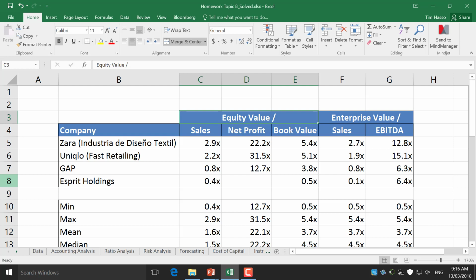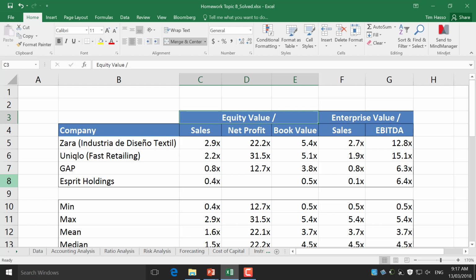If we focus on the first part, we're presented with 3 different types of price multiples, because equity value is essentially your market capitalization or share price in relation to your sales, net profits, or book values. For example, Zara is being valued at 22.2 times their net profit. So if their net profit was $1 million, then their market capitalization should be $22.2 million.